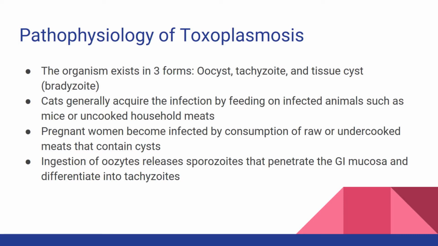Pregnant women become infected by consumption of raw or undercooked meats that can contain these cysts. Sheep, cattle, or pigs can be intermediate hosts and have those cysts within their skeletal muscle for a lifetime. Ingestion of the cysts leads to penetration of the GI mucosa, where they turn into tachyzoites. At that point, they're able to cause the acute infection.